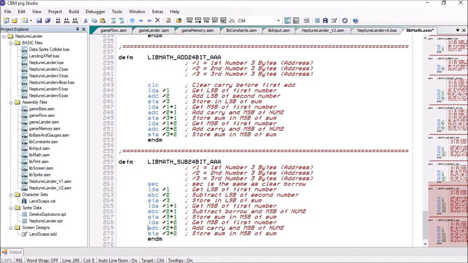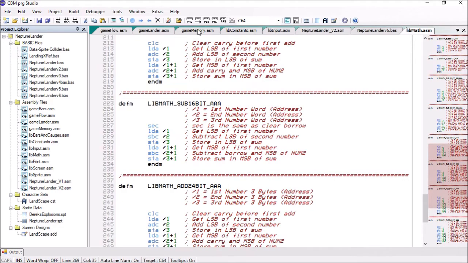So instead of add, it's SBC. Subtract. Yeah. So 3 bytes.